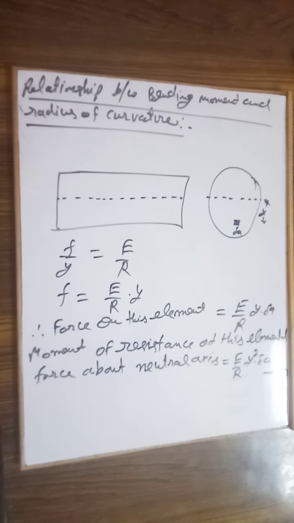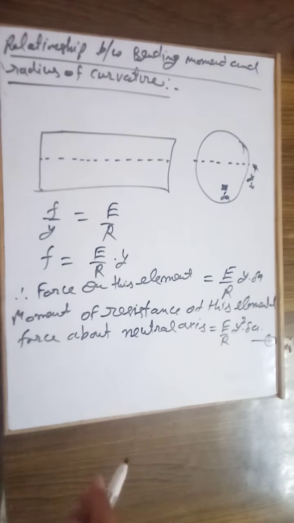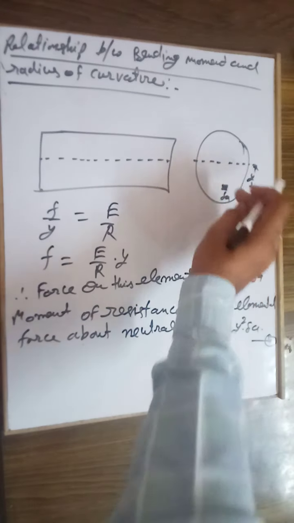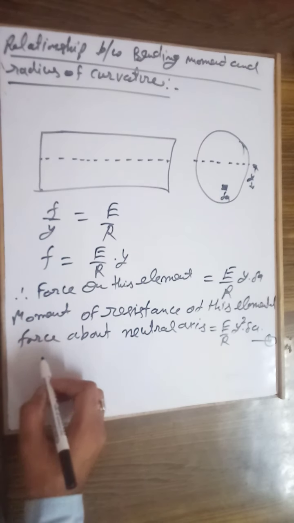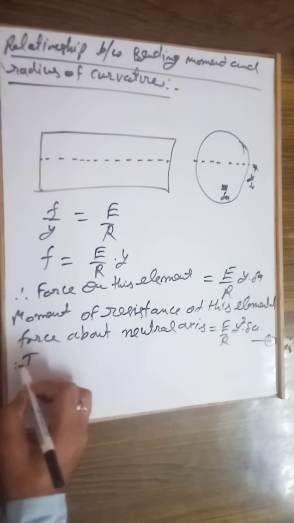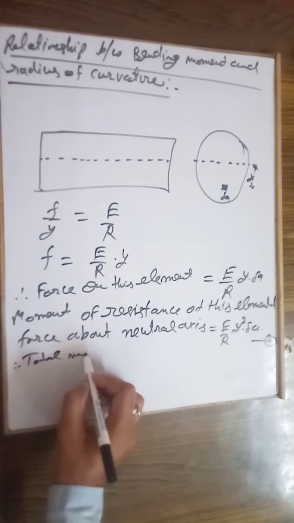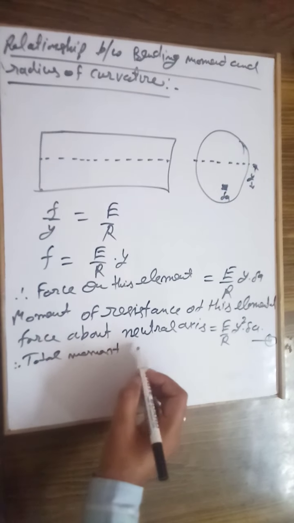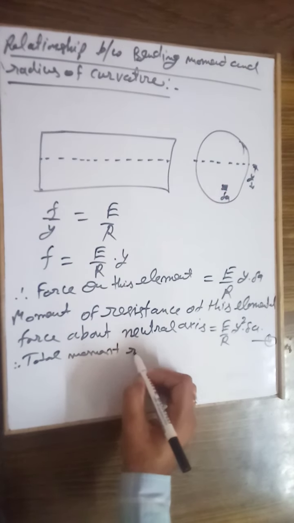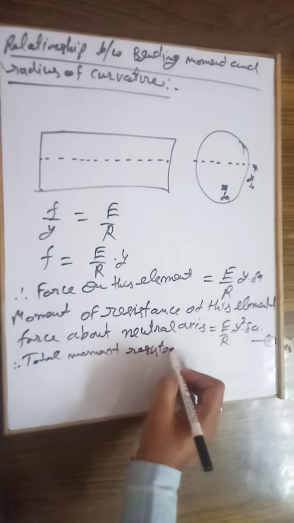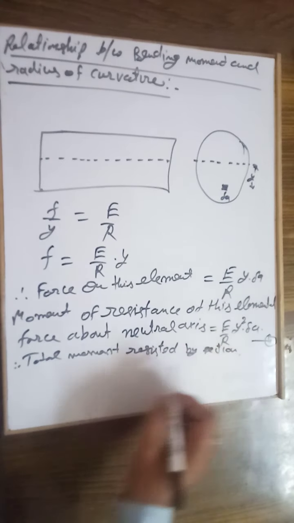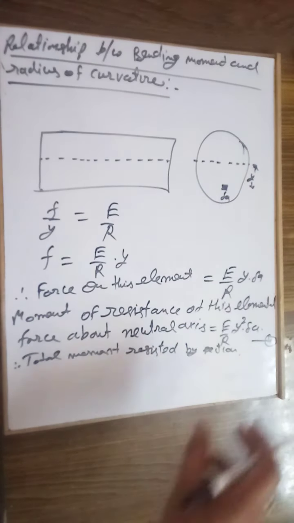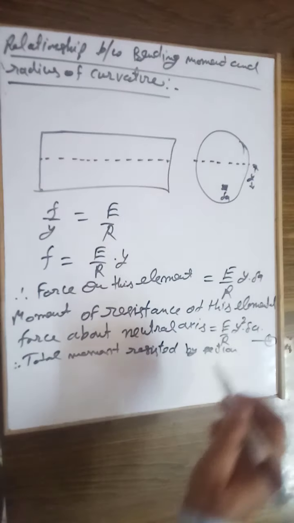Now instead of this particular elemental area delta A, if we want the total moment resisted by the section, that can be the sum of all the moments due to the different parts.